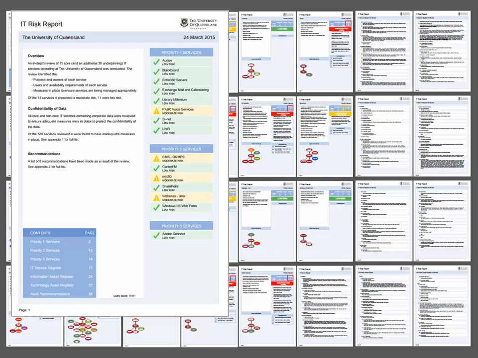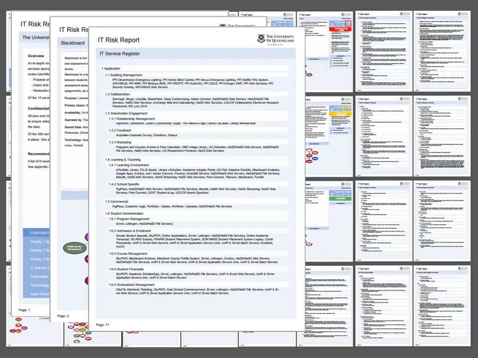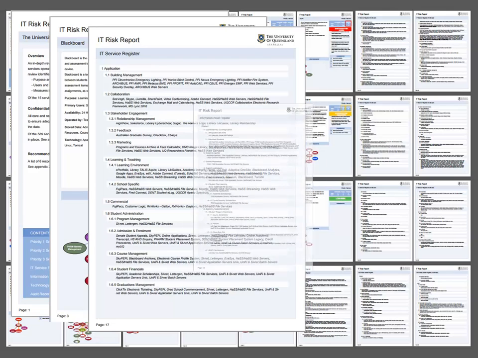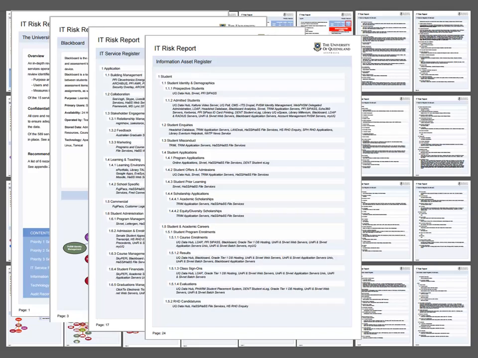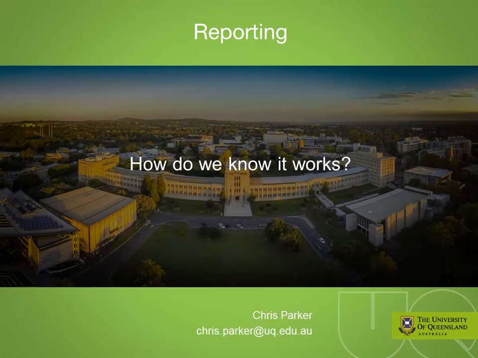The risk report contains a summary of high-tier services, a one-page report on each service indicating its risk level, a service register documenting each service and its purpose, an information asset register detailing which IT services stored which data types. This is required by law in the Information Privacy Act 2009, and a technology asset register organizing services by their technology.